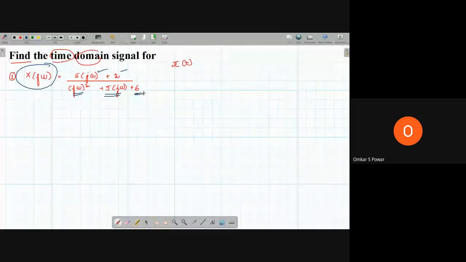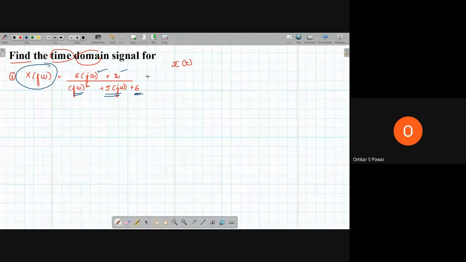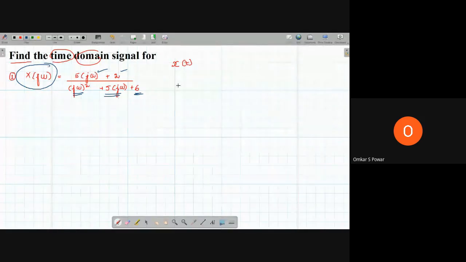What is the first thing you have to do? They have asked you to get the time domain signal. If it is in the form of a fraction, it has j omega in it. So how do you have to solve it? Put j omega equal to s. Using that technique, we will solve.